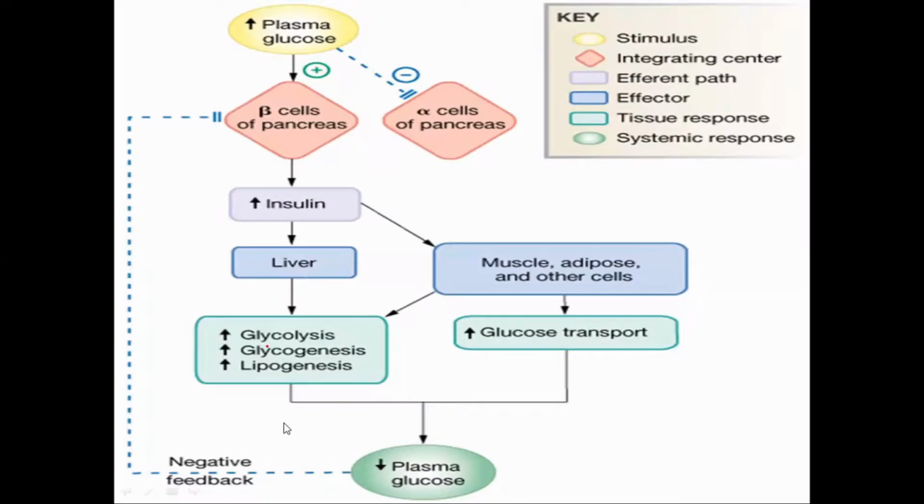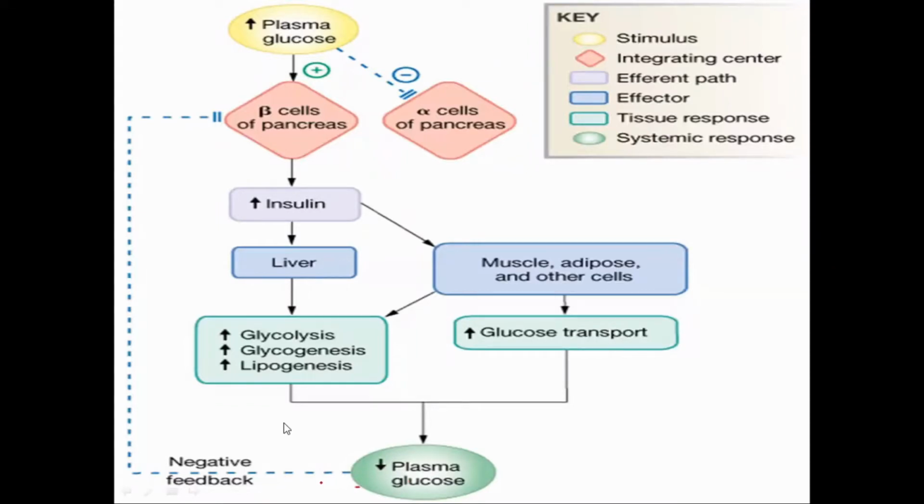On liver, it is increasing glycolysis, increasing glycogenesis, and increasing lipogenesis, whereas on muscle and other adipose cells, it is increasing glucose transport, and by this mechanism, this will decrease the plasma glucose concentration.